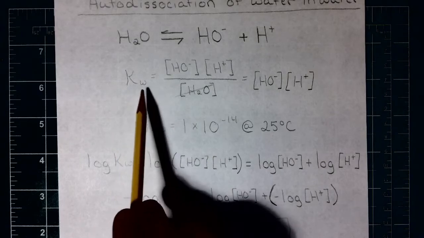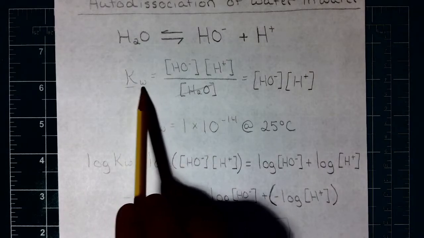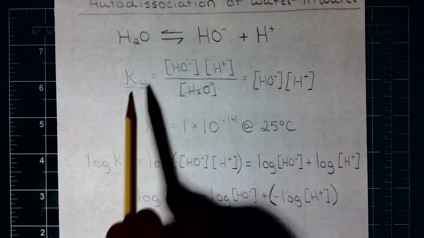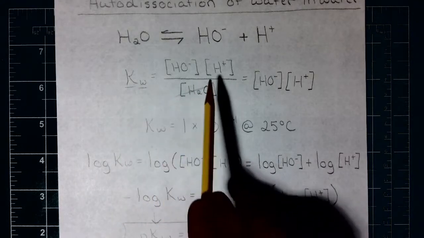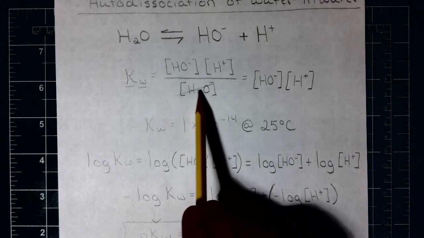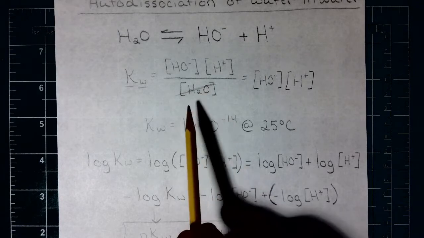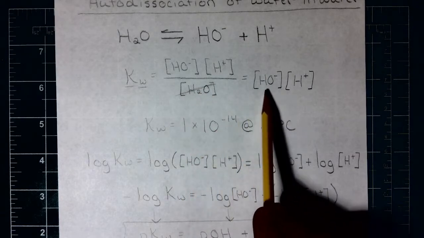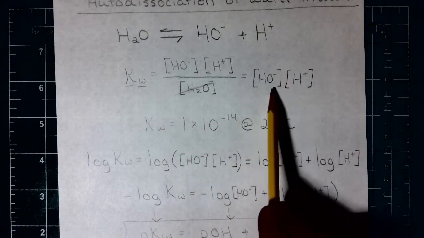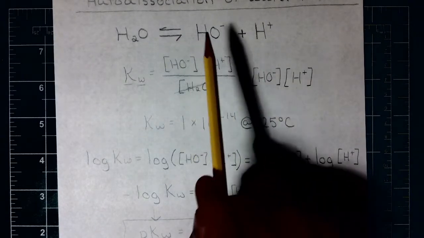If we write down our equilibrium constant for this, we're going to note that it is the one for water, with this W. We wind up with something that looks like this, but we know that water is a pure liquid and we're not going to include it. That goes to 1, and we get this product of the concentration of hydroxide ions times the concentration of proton ions at equilibrium here.